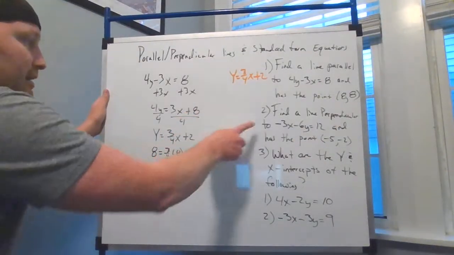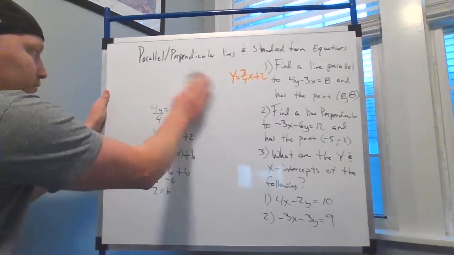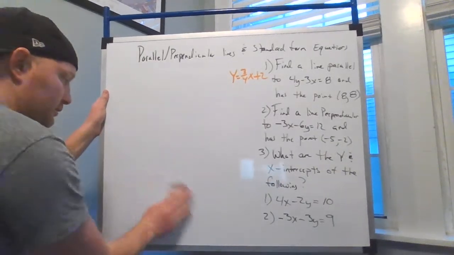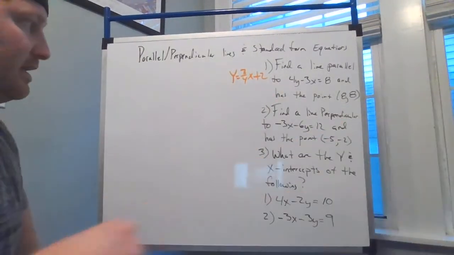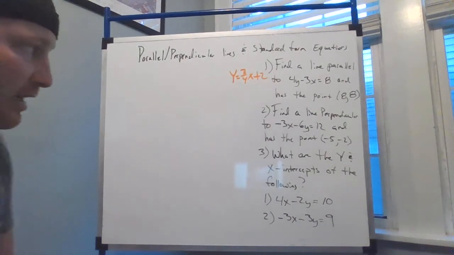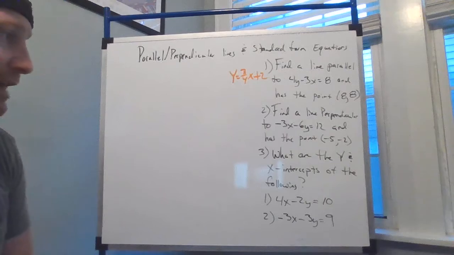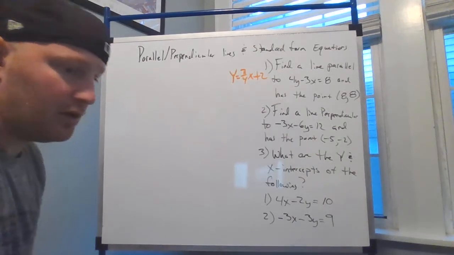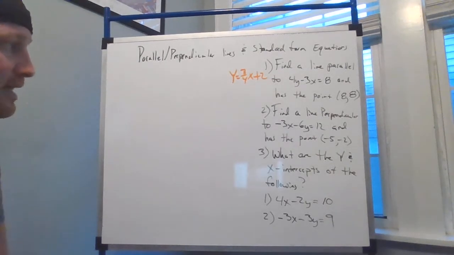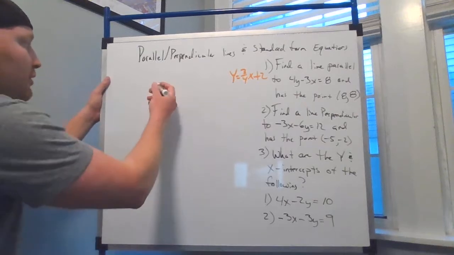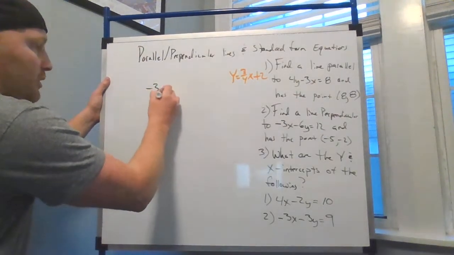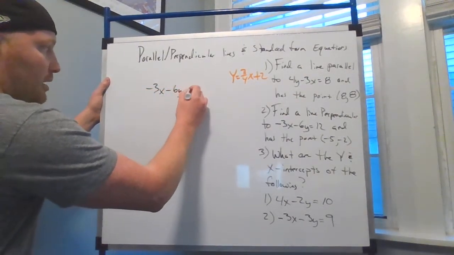Okay? Number two, let's do this one. This one says, find a line perpendicular to negative 3x minus 6y equals 12 and has the point (negative 5, negative 2). So, you gotta, again, change this from standard form into slope intercept form.